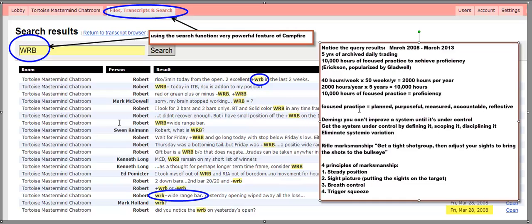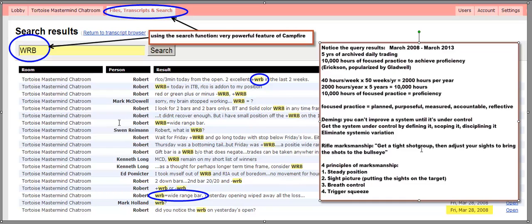If you connect that now to the principles of rifle marksmanship, in rifle marksmanship, what you have to do is first get a tight shot group, meaning that you are aiming the same way, and when you shoot at the target, your rounds are landing very close together. That means you have a reliable, repetitive system in which you have reduced or eliminated systemic variation.